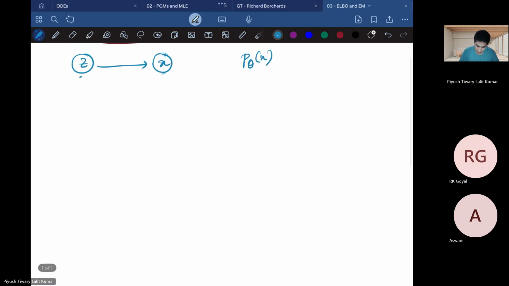Okay, so let's do that. How are we going to do this? We are going to introduce something called ELBO, or evidence lower bound. Let's start from there. As a thumb rule, we will usually work with log of p theta of x.